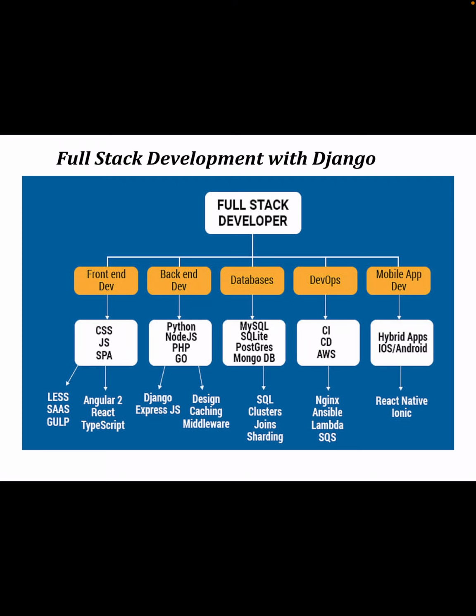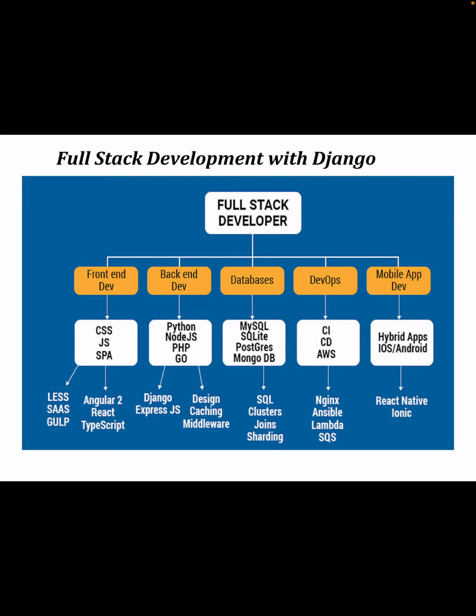A front end developer can act as a back end developer. He can play an important role in database connection, and can be used in DevOps, and for mobile application development also. And these are the different languages used in each and every field.